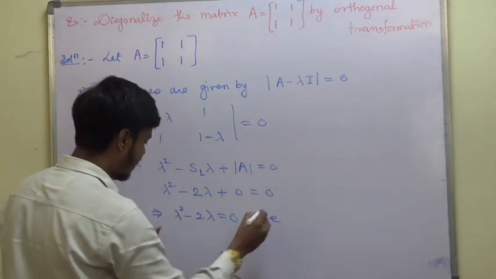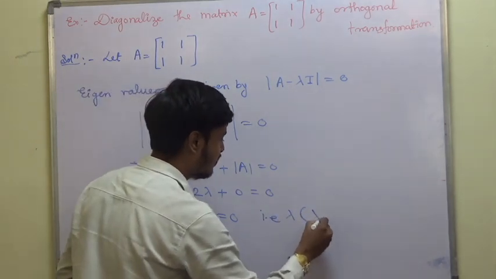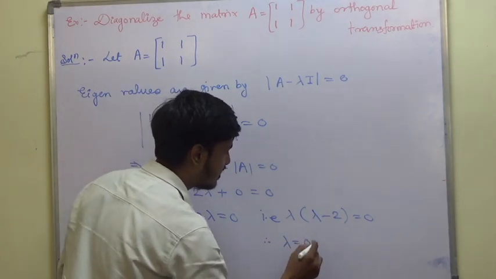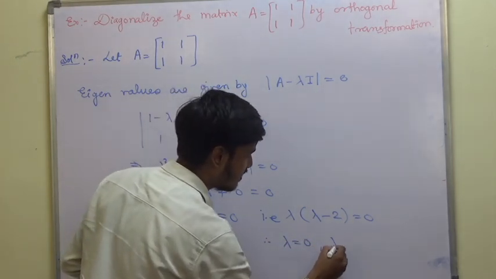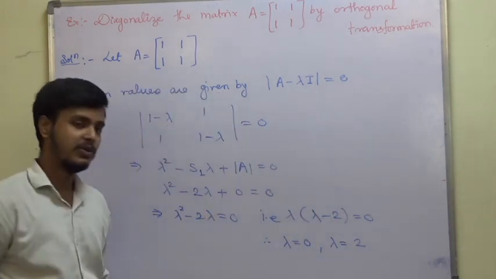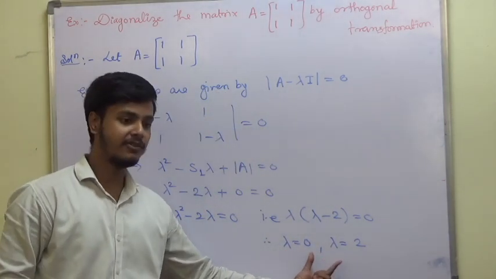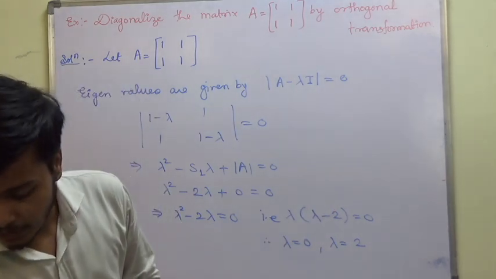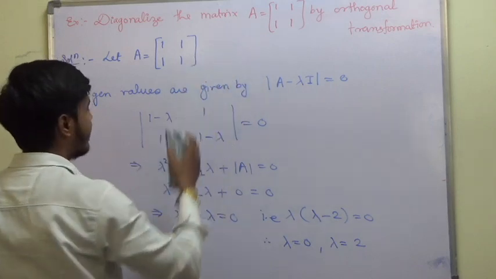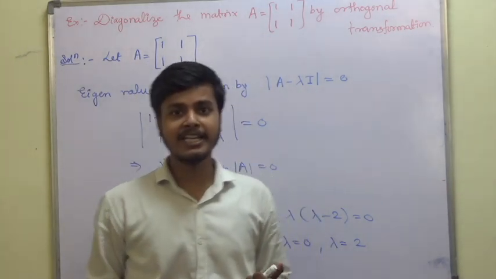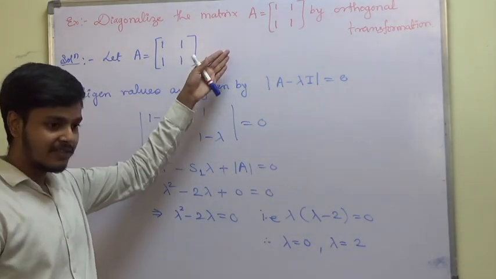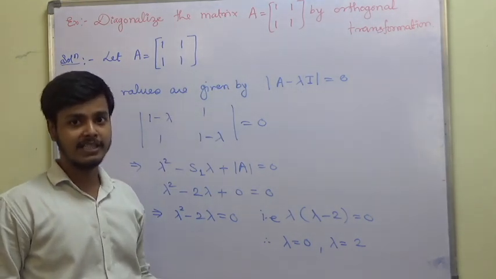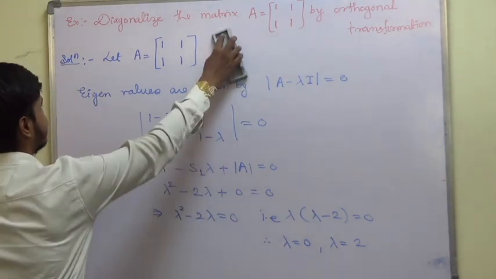Taking lambda common, lambda into lambda minus 2 equal to 0. Therefore lambda equals 0 and lambda equals 2. So we have two different eigenvalues, 0 and 2. For these eigenvalues, we have to find the eigenvectors. If you remember, we have already done this in the topic of characteristic equation, eigenvalues and eigenvectors.